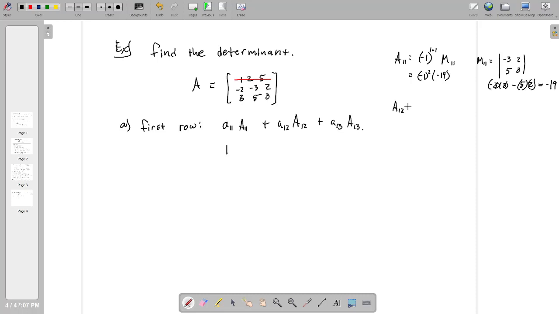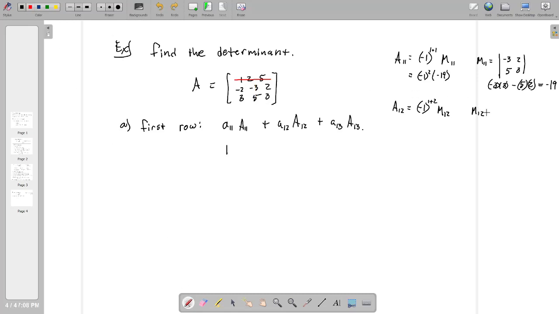A sub 1, 2. Now here, again, we do negative 1 to the i plus j power, so it'll be 1 plus 2 here, M sub 1, 2. Now here, M sub 1, 2 will be crossing out the first row and the second column, and taking the determinant of the remaining matrix. The remaining matrix will be negative 2, 2, 3, 3.